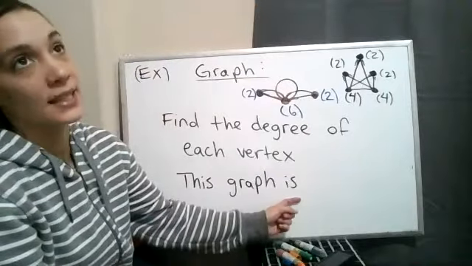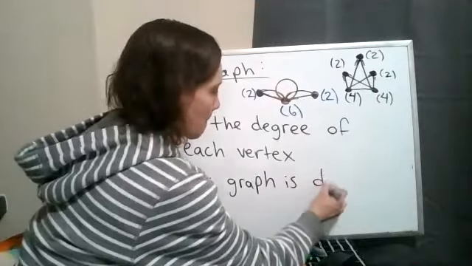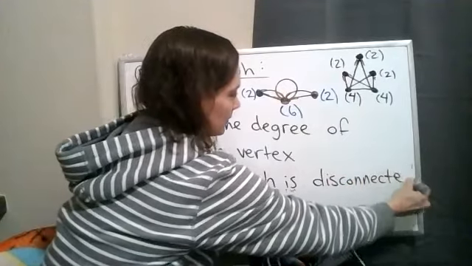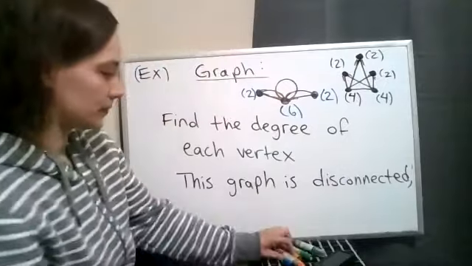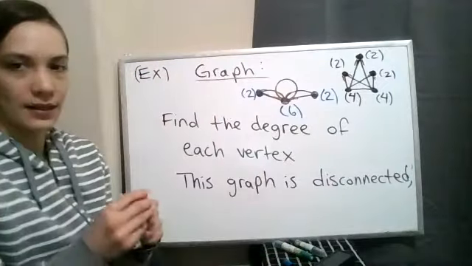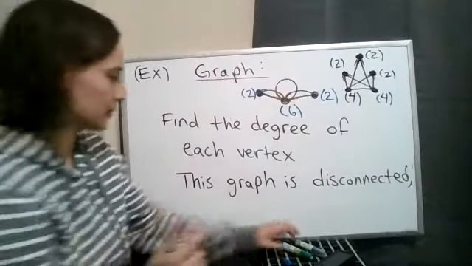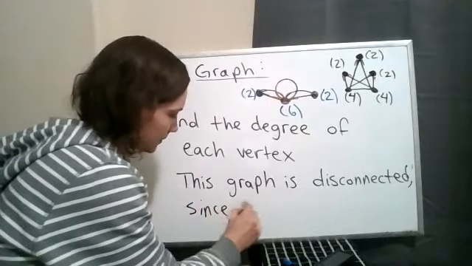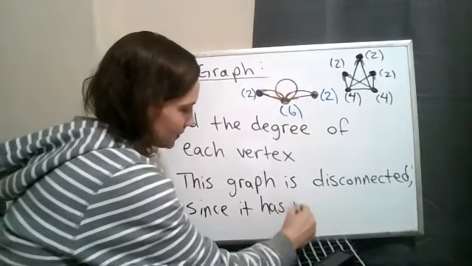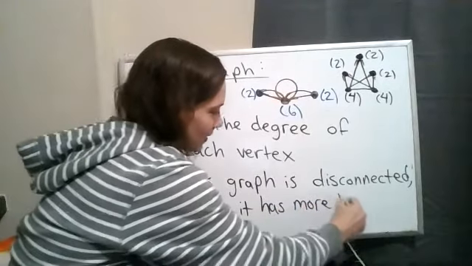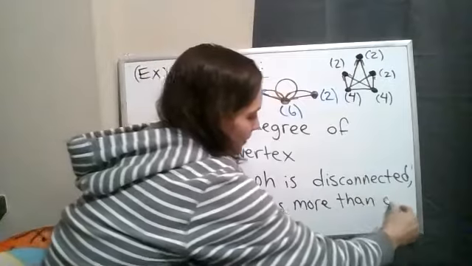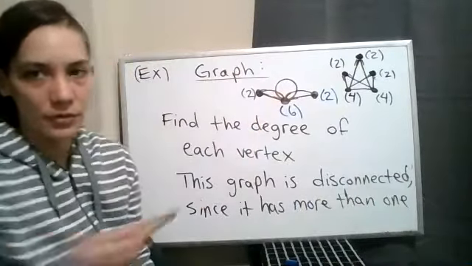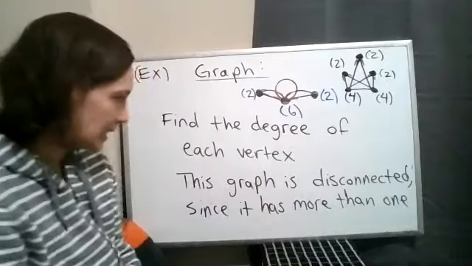We're at a disconnected graph. All right, we've got more than one component, 2, so it's disconnected.